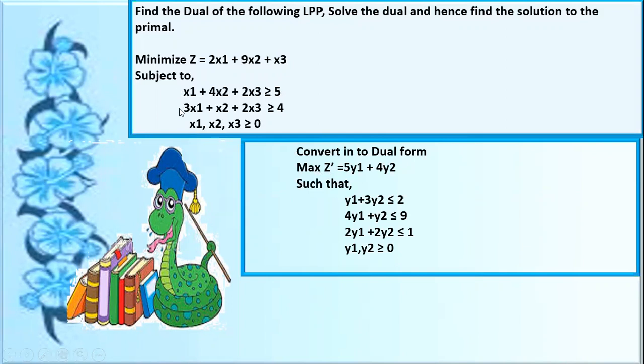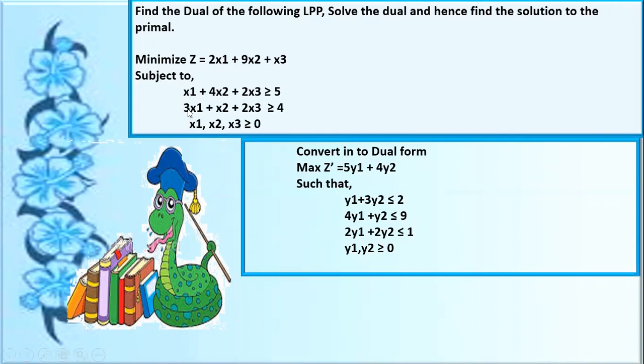Now the columns will become the rows in the dual form. So x1 will become y1 plus 3y2. Greater than or equal to will become lesser than or equal to. See the coefficients in the objective function. There are three coefficients that will become constraints in the dual form.